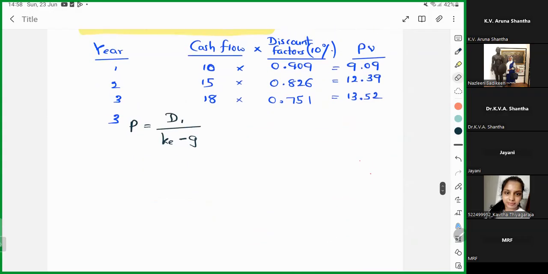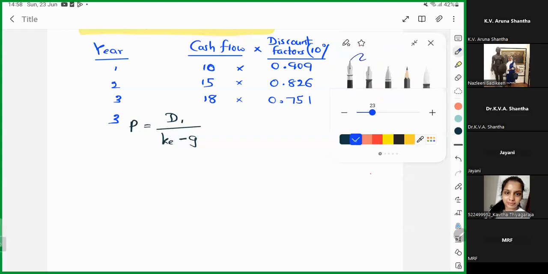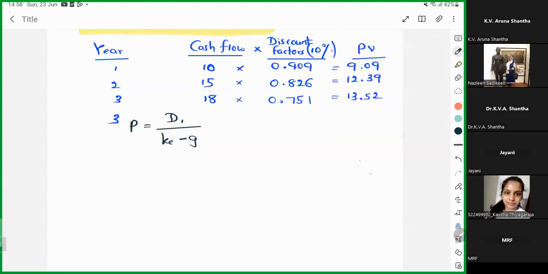How much is D1? D1 is the next year's dividend. Now we are at the end of year 3, so what is the next year? The fourth year, growing at 5%. How much is the fourth year dividend? The third year dividend is 18. So here, instead of D1, it is better to put D4, the fourth year dividend.